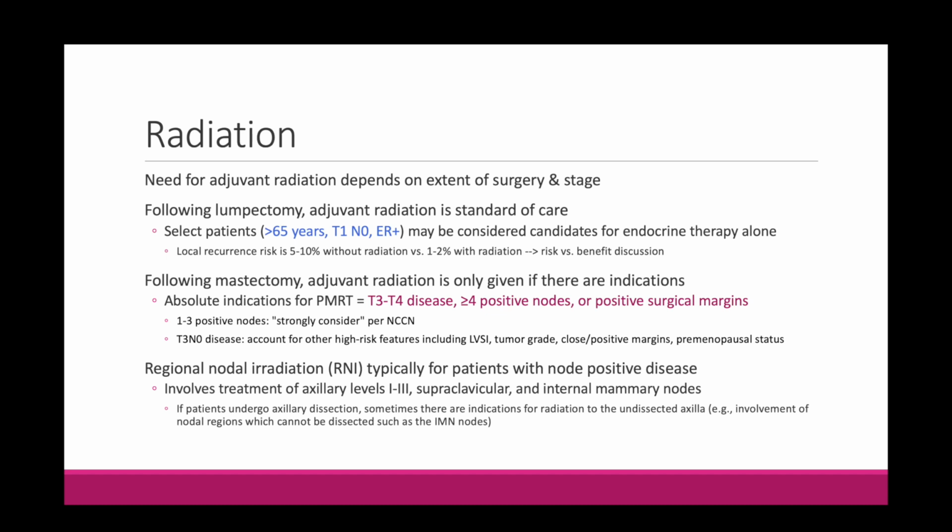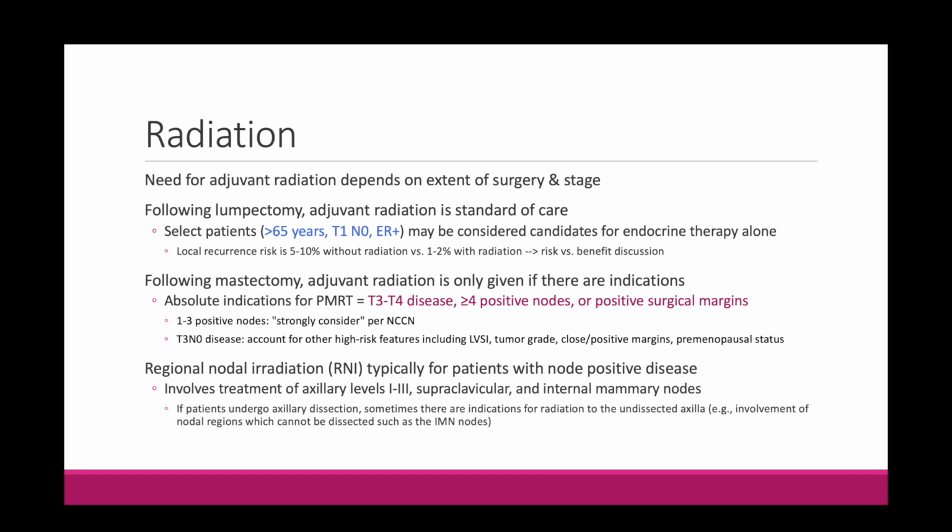Some patients, if they truly are older, have favorable risk factors, and maybe if breast cancer is not going to be the thing that affects their mortality, they may be considered candidates for omission. But for the most part, we offer radiation after lumpectomy because it decreases the chance of the breast cancer coming back. So it offers a local control benefit.